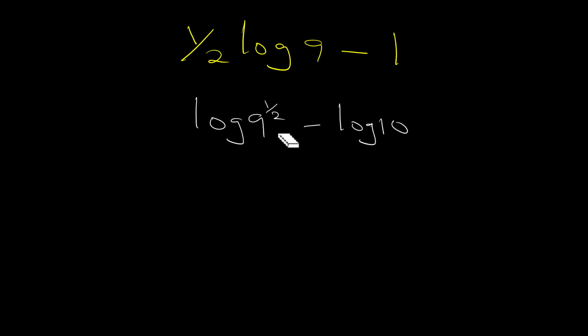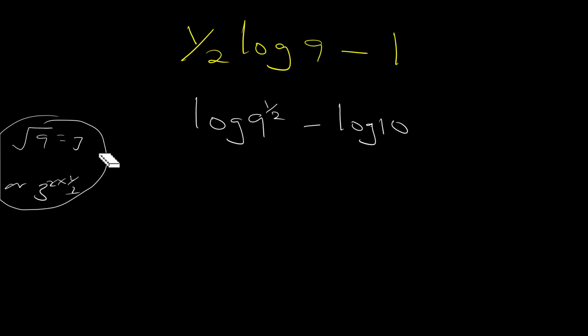And 9 exponent half is the same as the square root of 9, or 3 squared to the power half. The power cancels, giving 3.